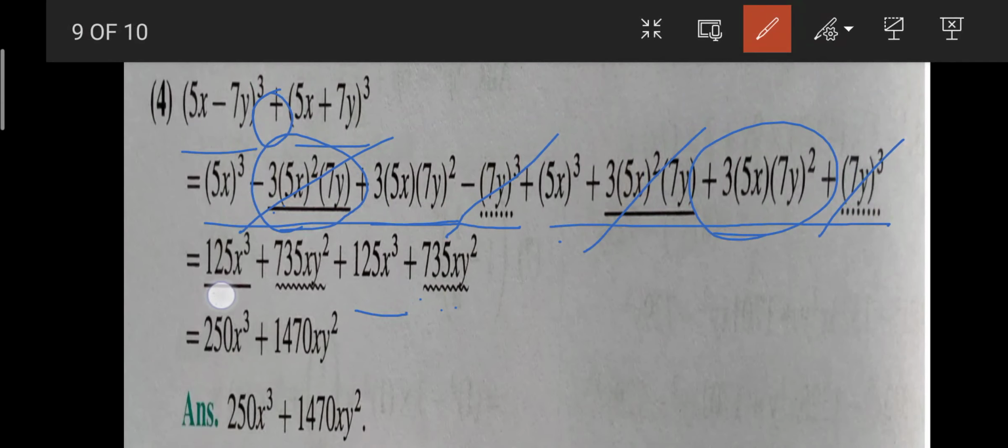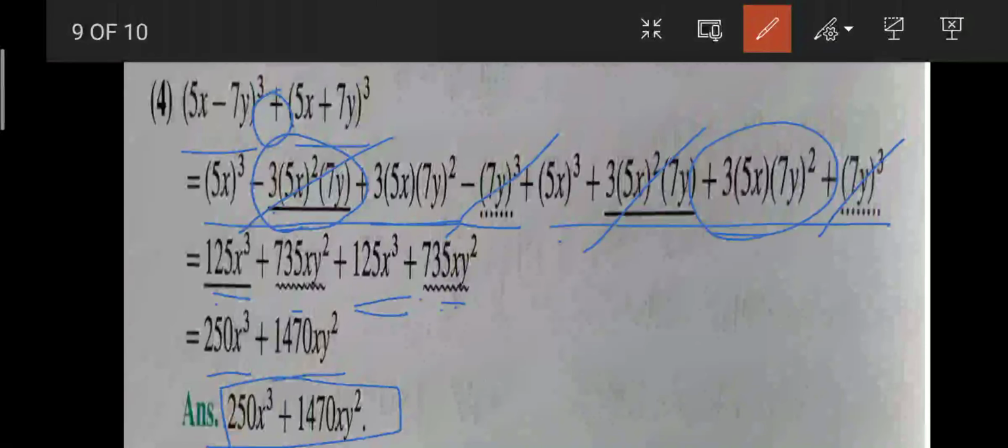So this 125x cube and this 125x cube will give us 250x cube, and 735xy square plus 735xy square, we get 1470xy square. So thus we got the final answer, that is 250x cube plus 1470xy square. So with this, students, we have done this exercise.